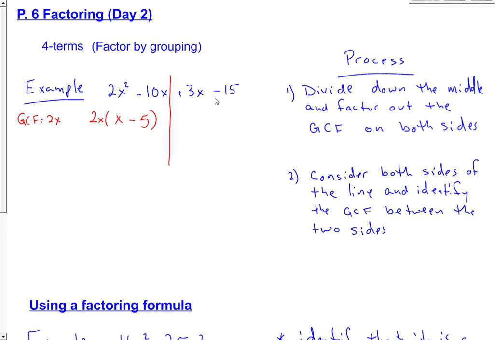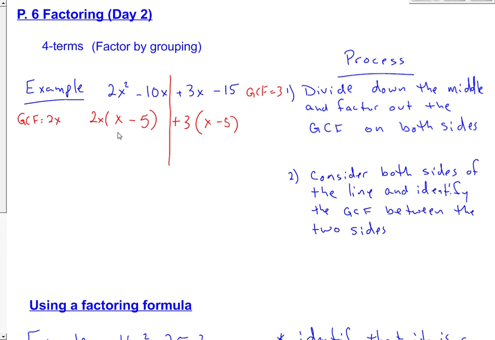Over here, I'm going to do the same thing. I look at these 2 terms, and my greatest common factor is 3. So I'm going to put plus 3, and then parentheses, x minus 5.